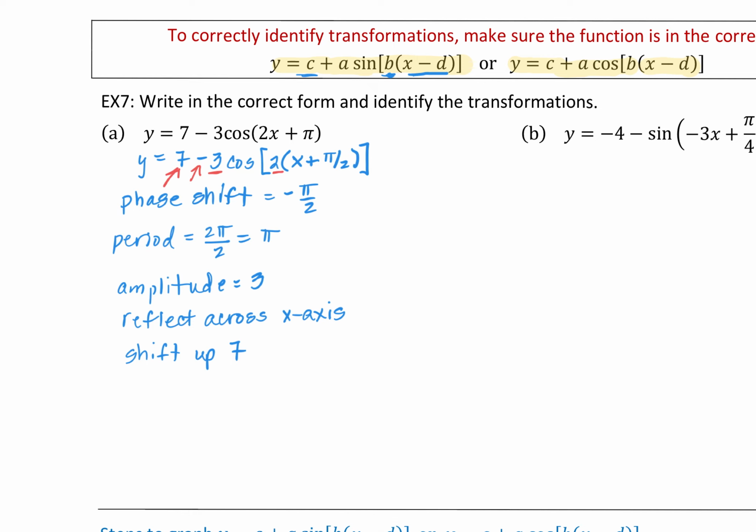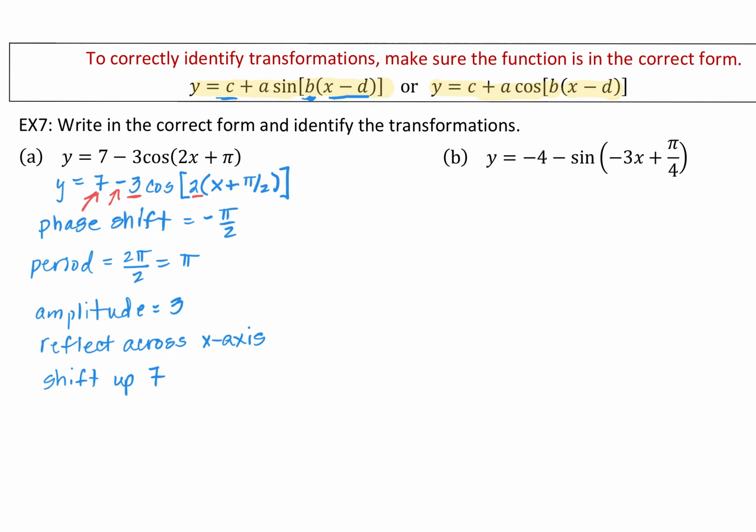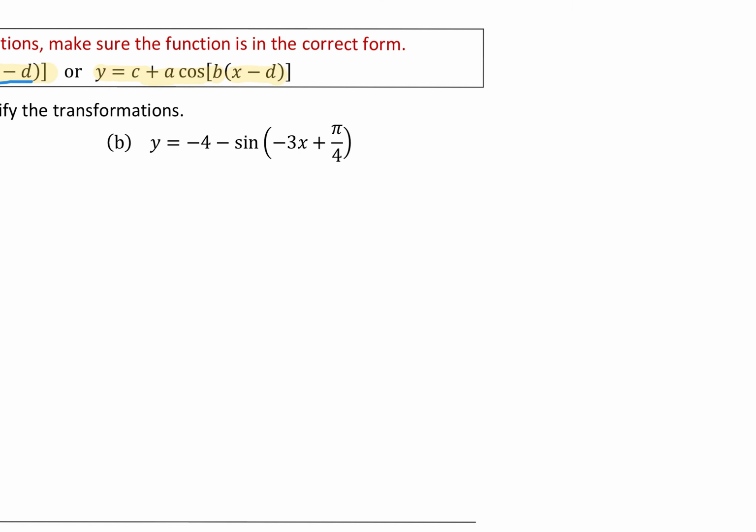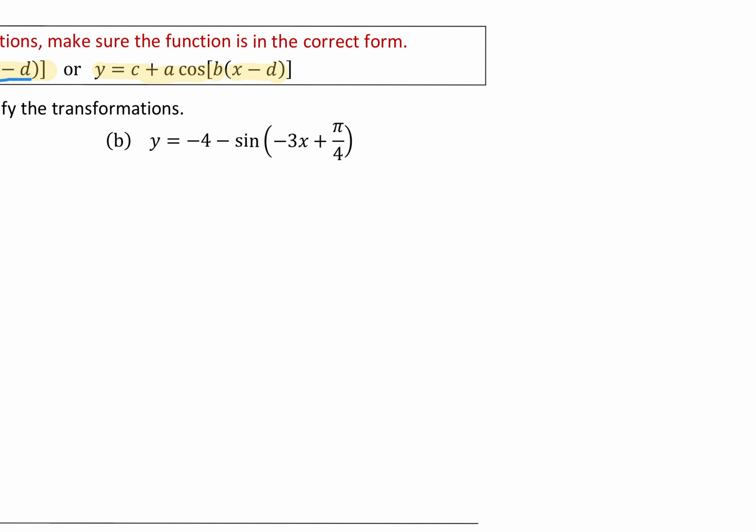Let's try this again. Something to remember is cosine is an even function, sine is an odd function. So if there's a negative multiplied by the x value for cosine, you can get rid of it. If you have a negative times the x value, which we do here in B, and it's a sine function, we have to pull it out.